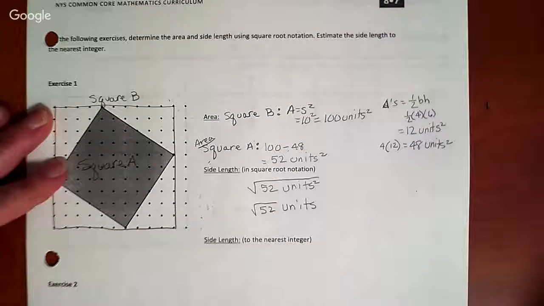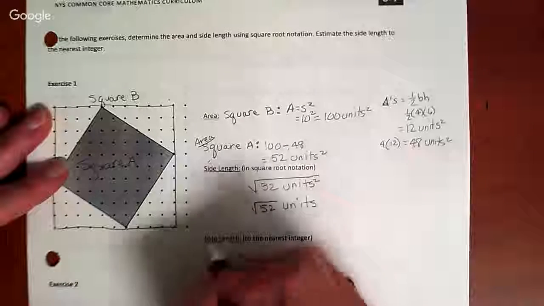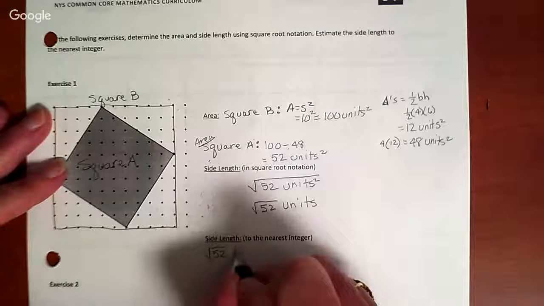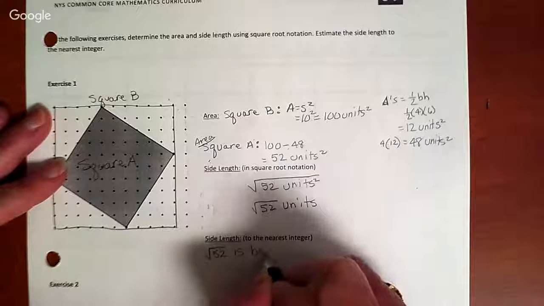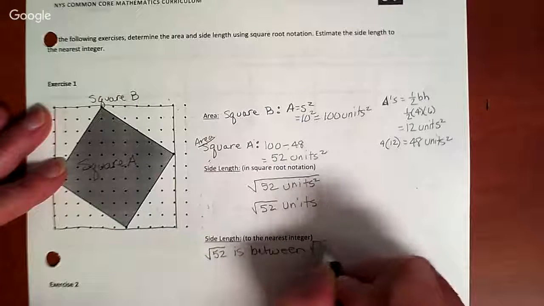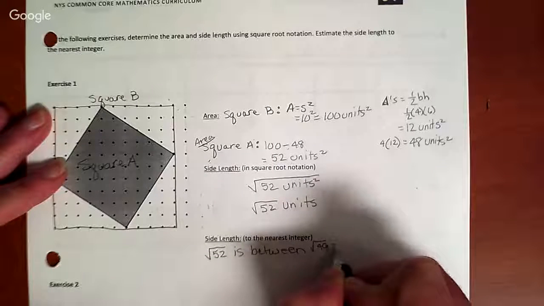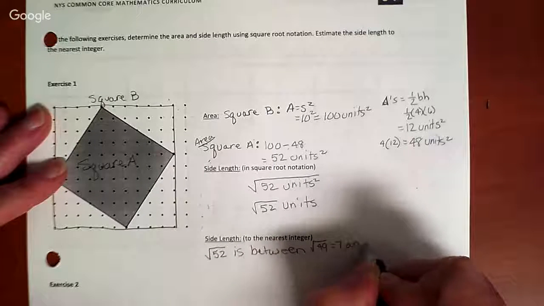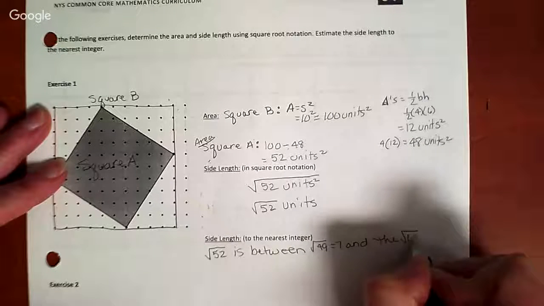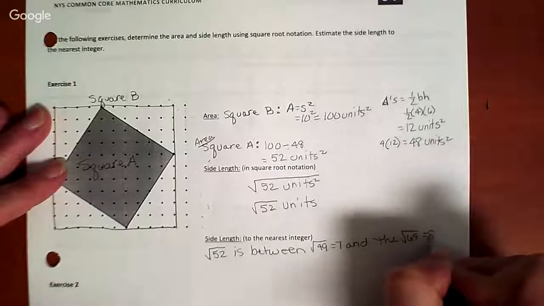The side length to the nearest integer: we would have the square root of 52 is between the square root of 49, which equals 7, and the square root of 64, which equals 8.